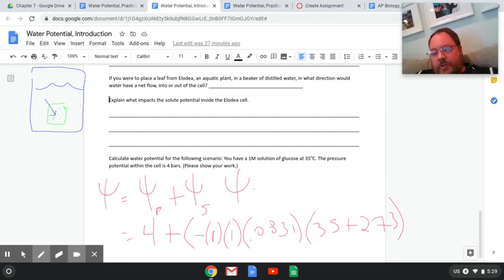So your water potential is minus 21.6 bars.